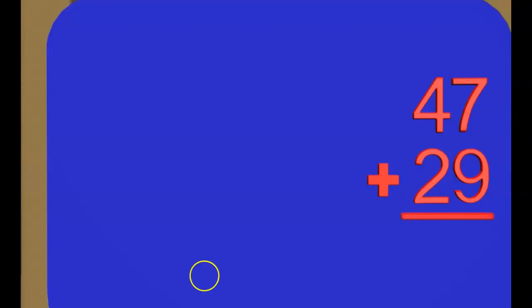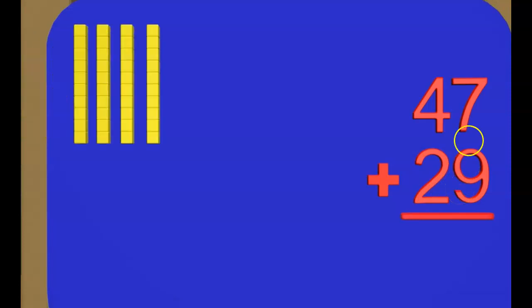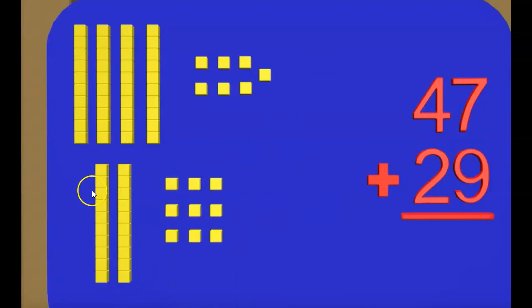Let's add. We have 47 plus 29. How do I know this is going to be a regrouping problem? Right here, 9, all I need is one more. I already have 10. That's not going to fit in the ones place. Because if we look, this is 47, 4 10s, 7 ones, and 29, that's 2 10s and 9 ones.